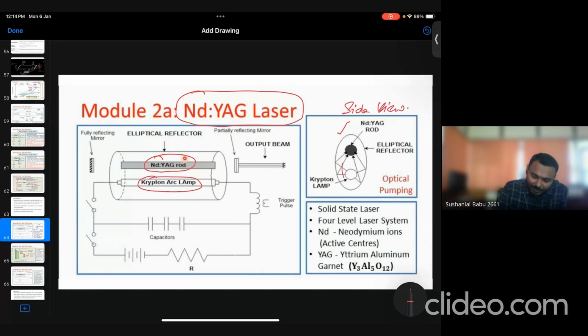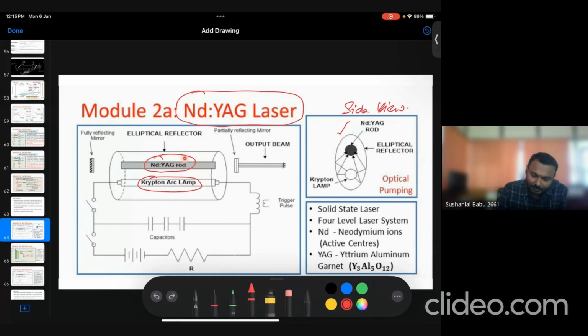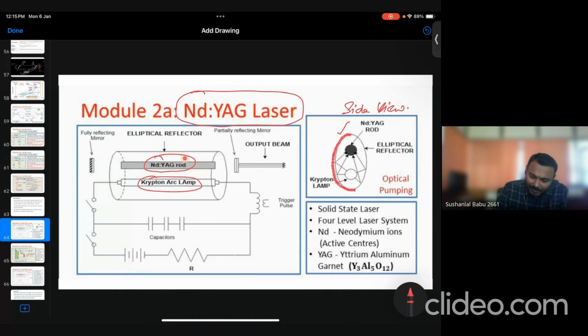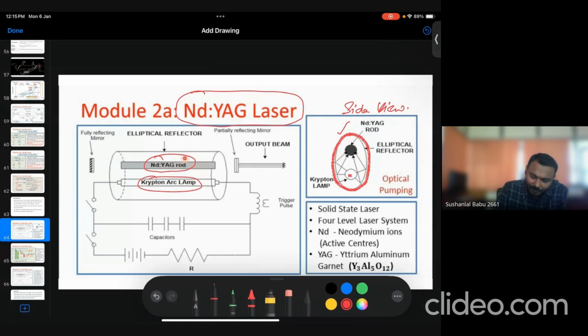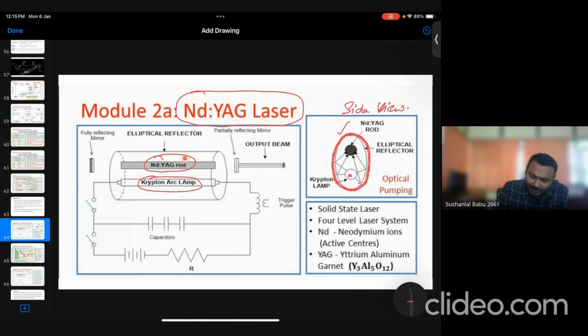Again, it is an elliptical thing. Outside there is an ellipse. The light from the source will reflect on the surfaces and reach the rod. In this way, this will help the neodymium to be excited to the metastable state, and as a result, population inversion will happen.